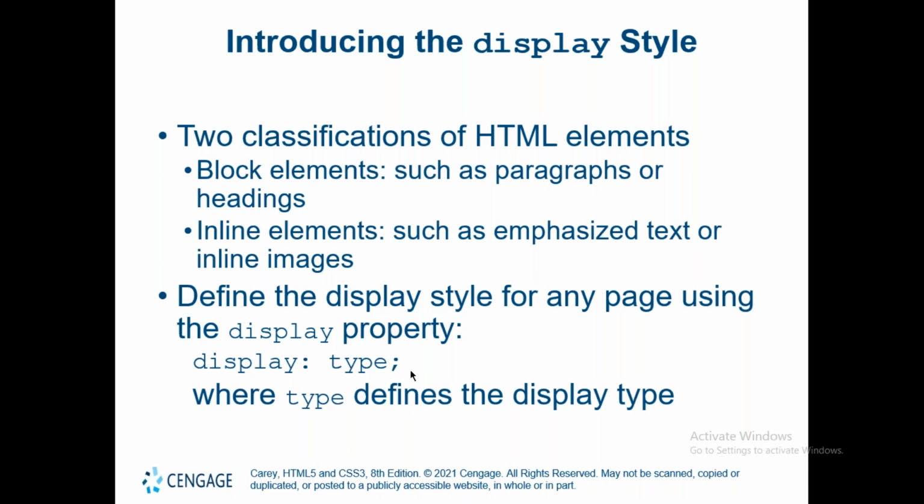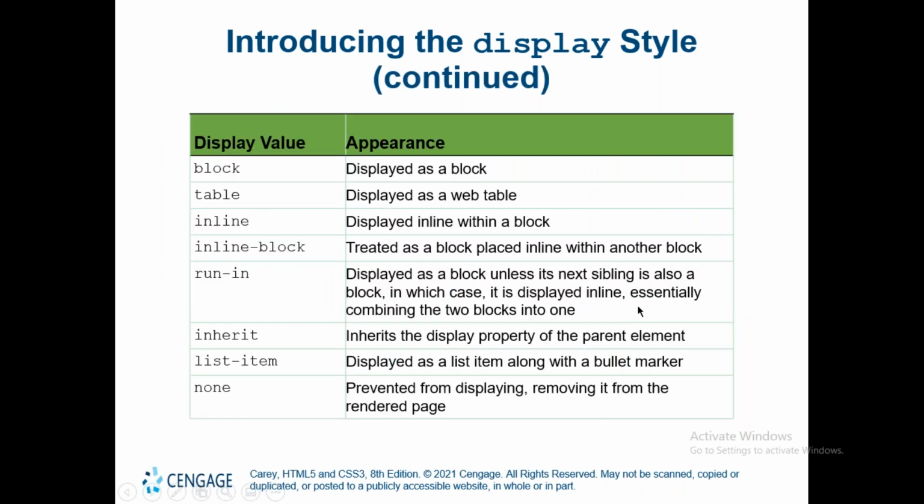Here's some examples of display style values. This would be the syntax on the left and what it does on the right. You're never going to remember all these, just look at it and you know that you can refer back to it as need be.